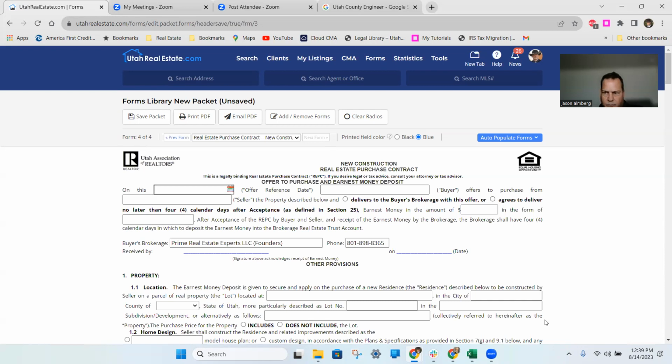D.R. Horton, Richmond, Ivory, all the big ones have their own contracts. And they'll continue to use that contract even if they're up to the point of a COO because it's their contract. But the big deciding factor on when you move forward is whether or not you have that certificate of occupancy. You can't close the loan until you have it.